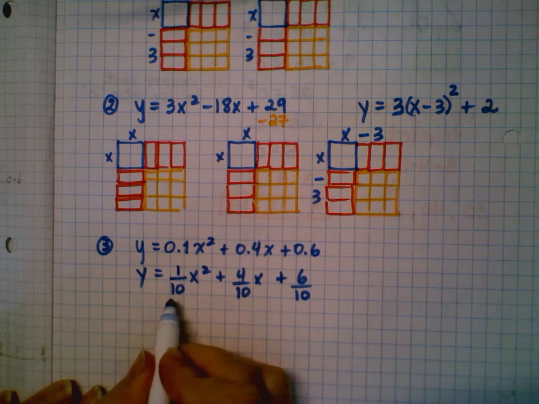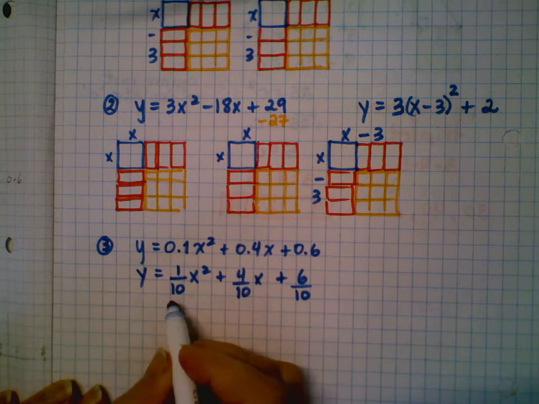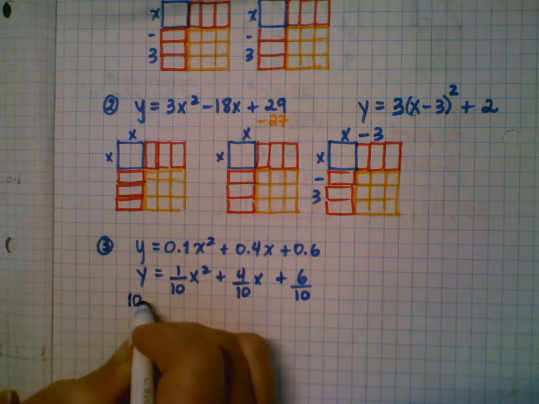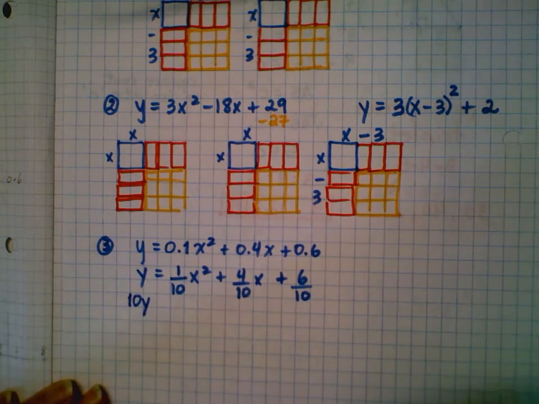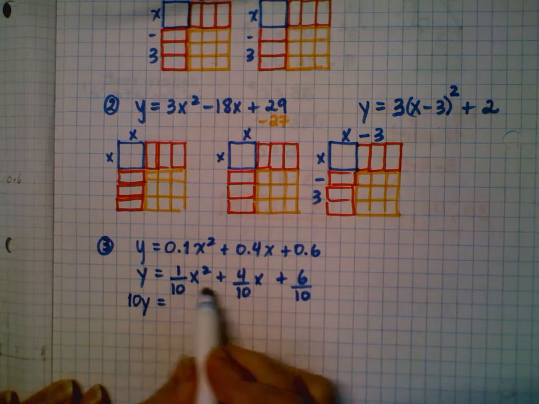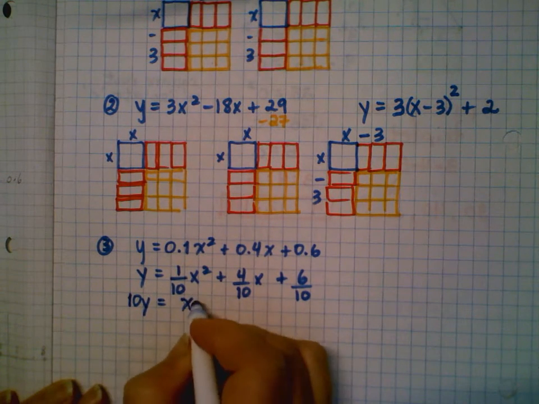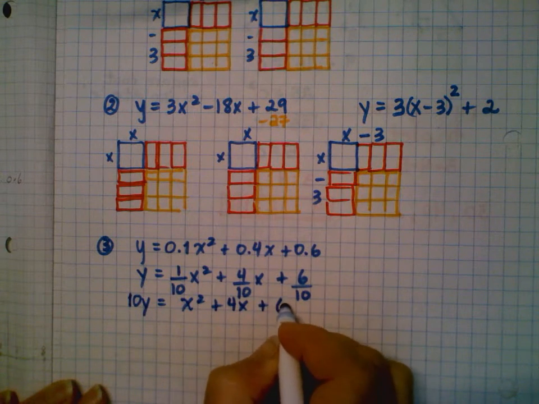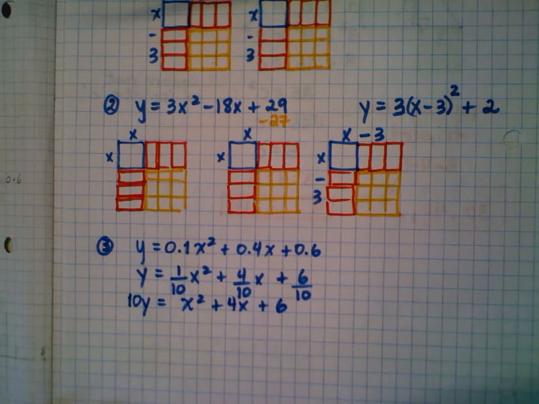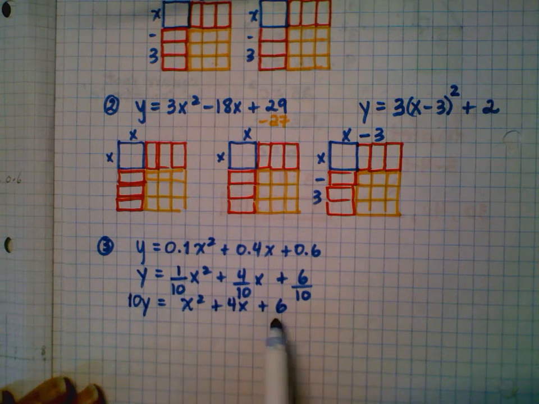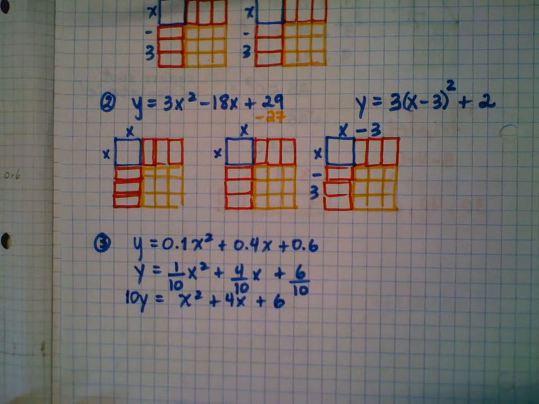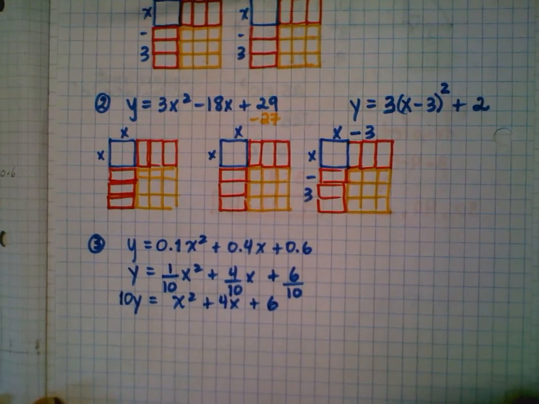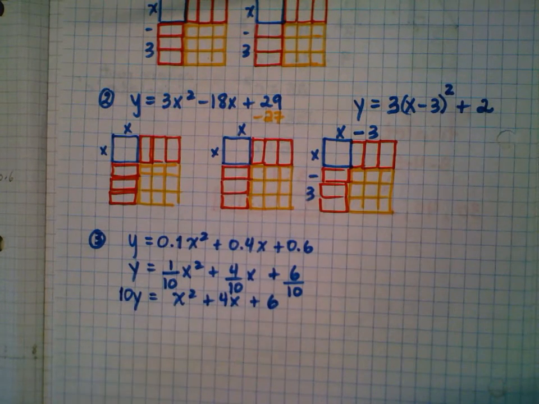I'm going to multiply by 10 on both sides of the equation, and the result of that will be that I will have 10y on the left, and on the right-hand side it will become x squared plus 4x plus 6. And already now on the right-hand side I have something that will lend itself to modeling more easily. And I'll deal with that 10y later on.